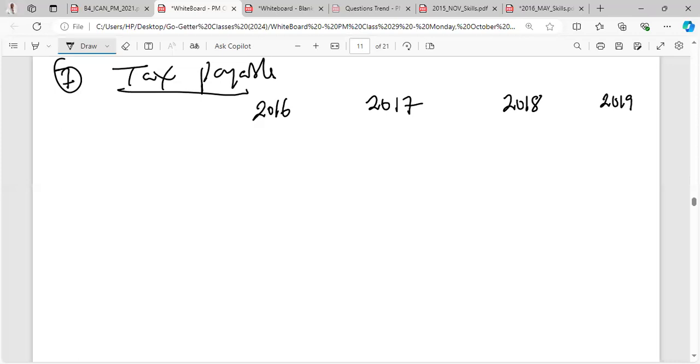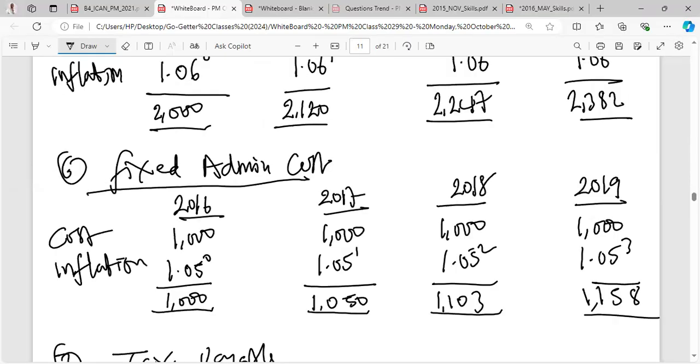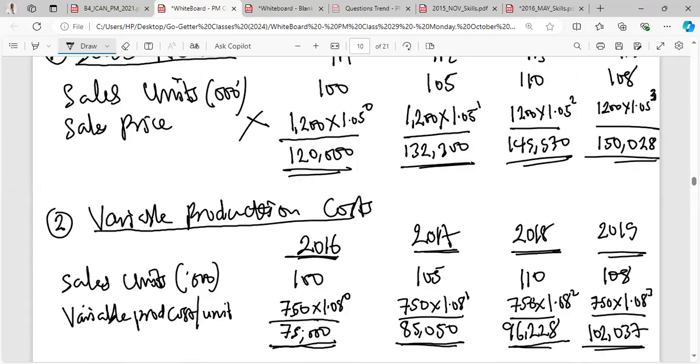The first thing we'll do here is profit slash cash flow before tax. I remember here was 28,000.